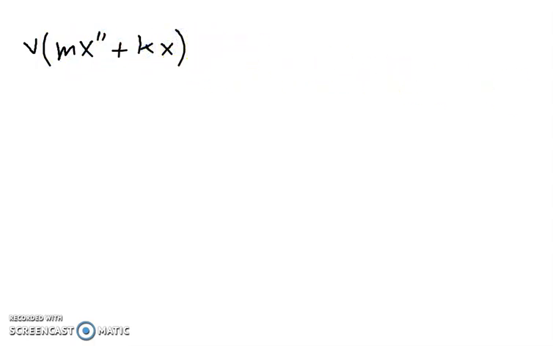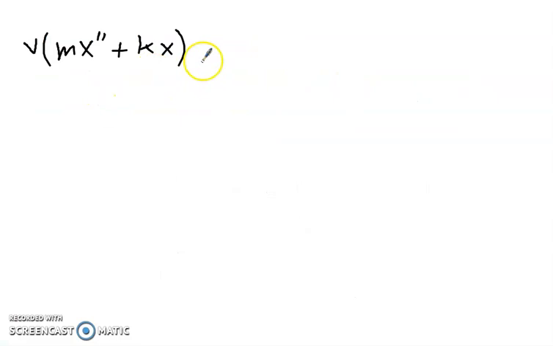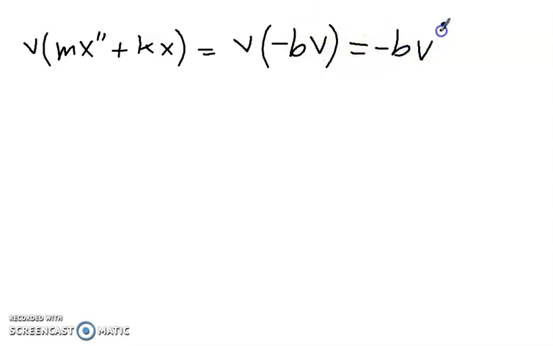Now replace using this equation: m x double prime plus kx equals minus b x prime, or minus bv. So this is equal to v into minus bv, and you can write it in this form: minus b v squared.